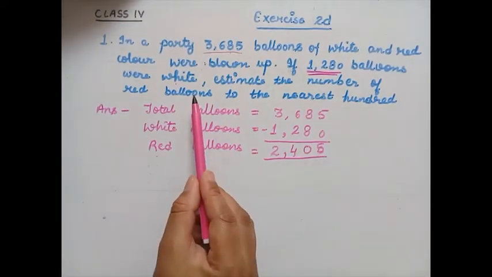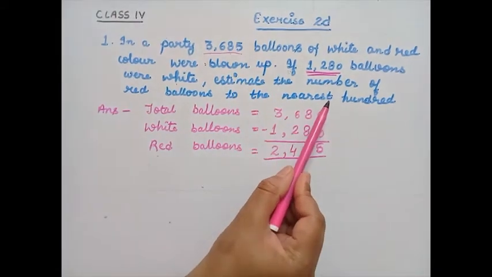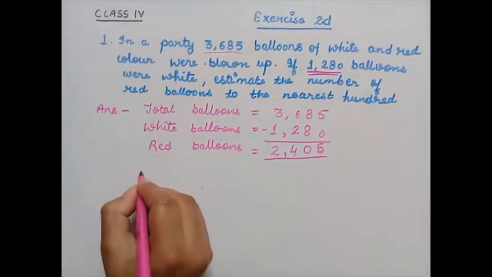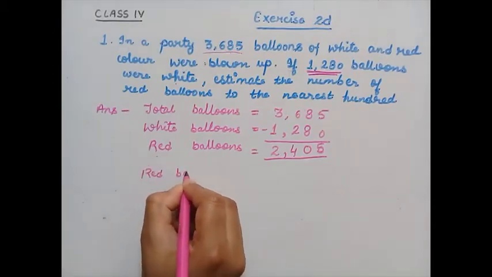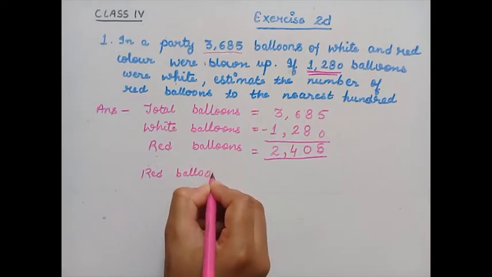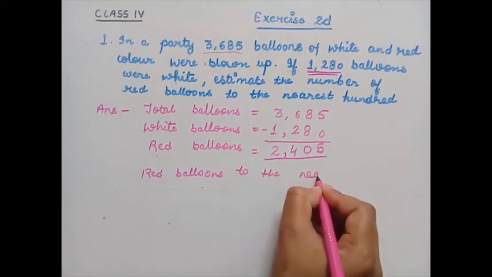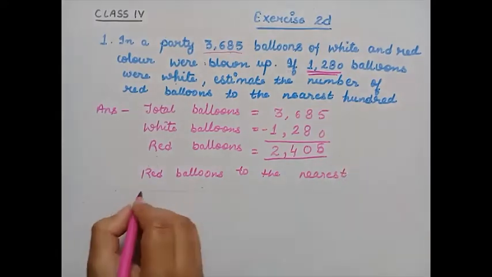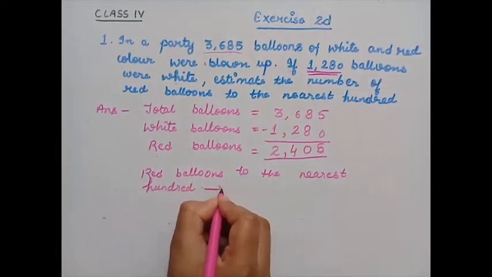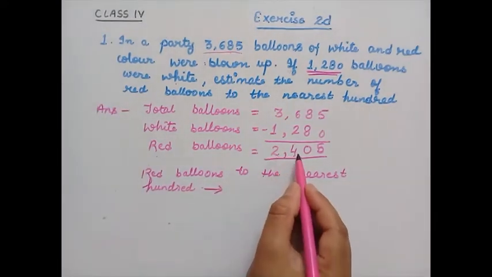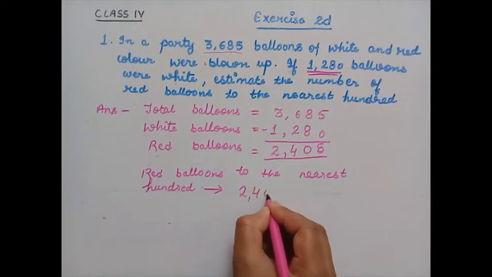But we have to find the number of red balloons by rounding off to the nearest hundreds. So note down here the red balloons to the nearest hundreds. So it's 2405.